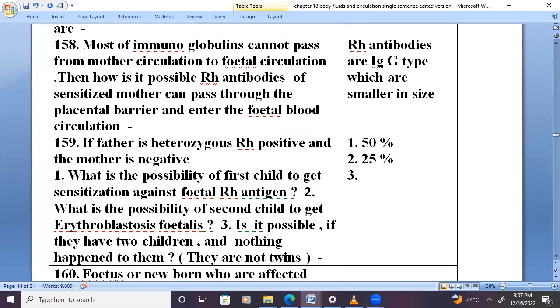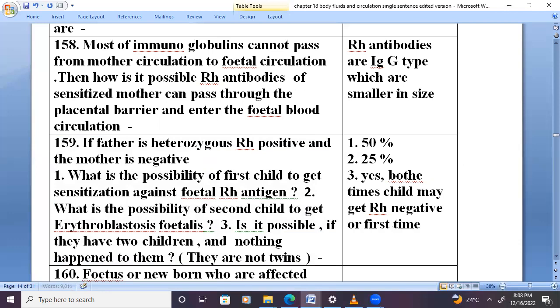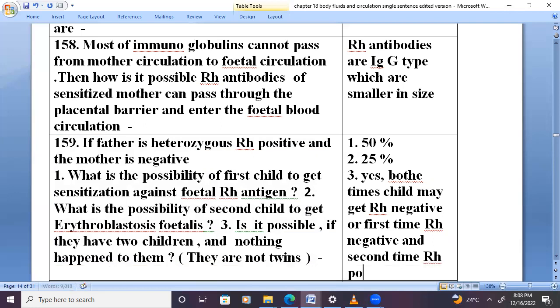Is it possible that if they have two children, nothing happened to them, if they are not twins? Yes. Both times, the child may be Rh negative. The possibility is there: first time Rh negative and second time Rh positive. This possibility is also there.